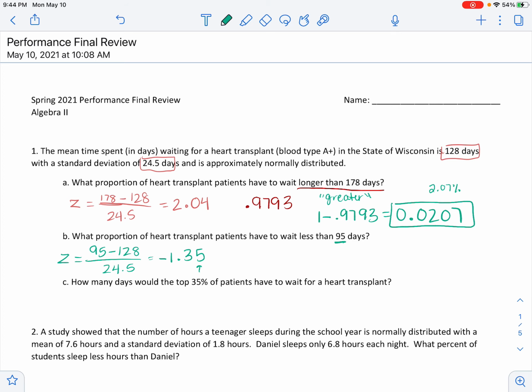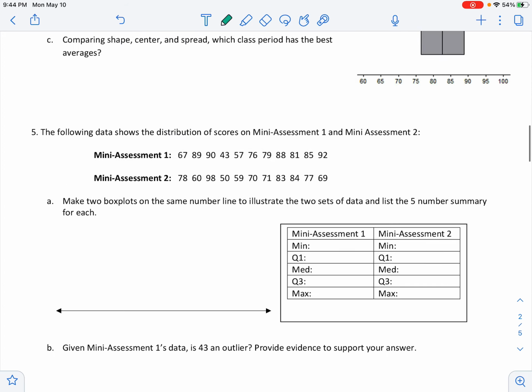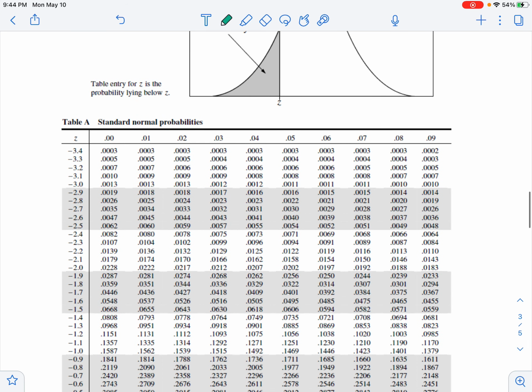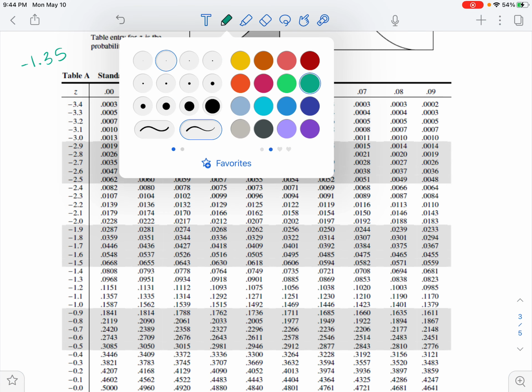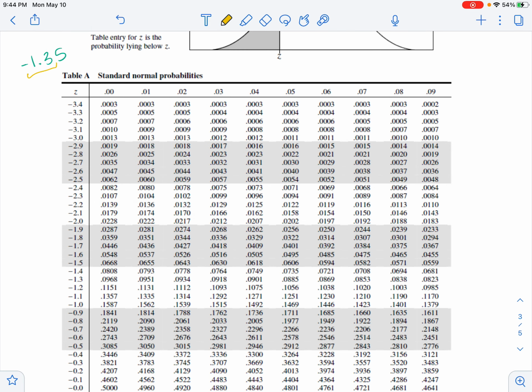So it's really important that you round correctly here, rounding to 2 decimal places. All right, so negative 1.35, I'm going to go down to my z-table, the negative one, and I'm looking for negative 1.35. Starting with just negative 1.3, I'm going to go down to negative 1.3. Here it is. And then I'm looking for 5.